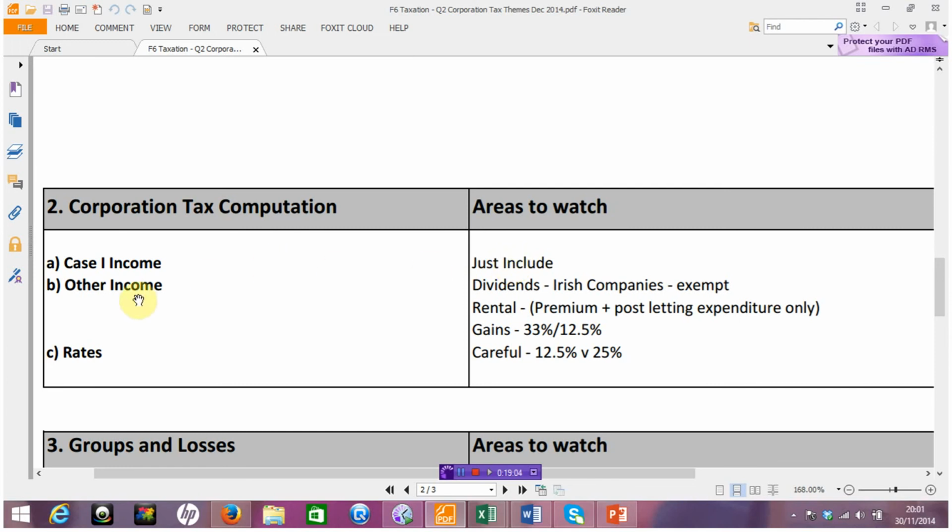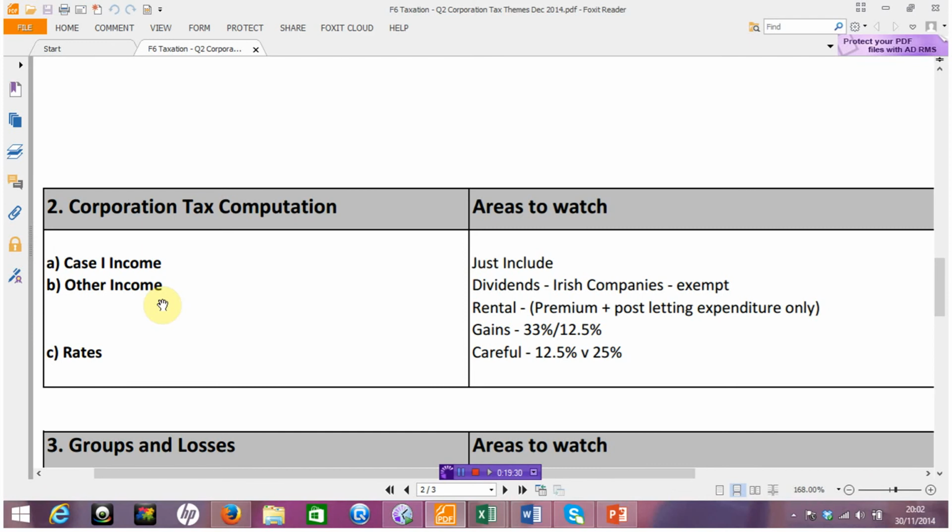Now, this area of other income, this is important. I mentioned above this mistake, unfortunately, that students tend to make, where they're doing the adjustments to profits, they'll exclude or deduct, hopefully, all of the other income because it isn't assessable under case 1. But they may forget to include all of it, or indeed some of it, within the corporation tax computation.